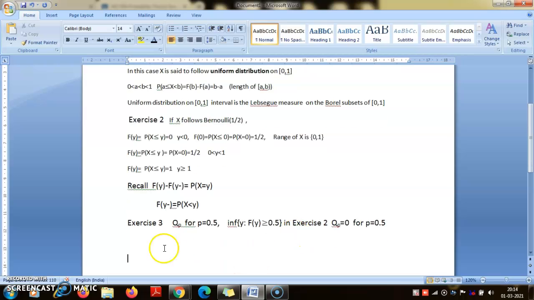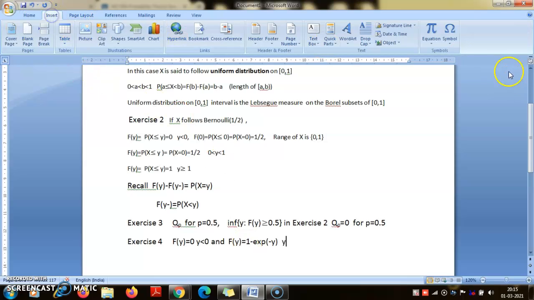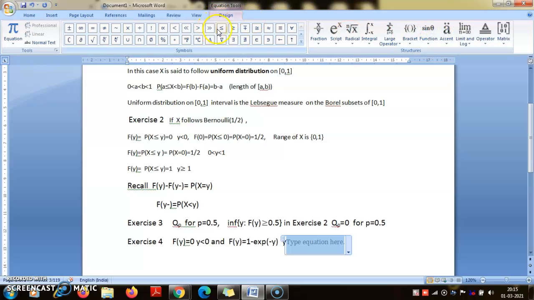Here in exercise 4, I had defined F_Y equal to 0 for y negative, and F_Y equal to 1 minus exp of minus y for y greater than or equal to 0. Yeah, in any case, please have a look at this one.